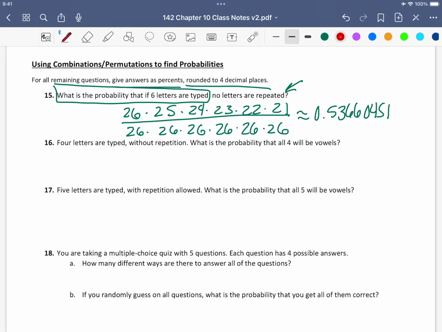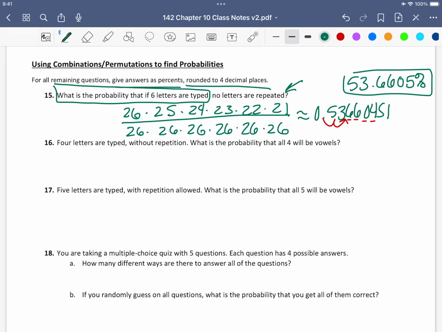When we move our decimal, we multiply by 100 to turn this into a percent, and then we still need 4 decimal places after it. Remember, don't round until you've turned it into a percent. So our final answer is 53.660, and then that 4 is going to round up because it's followed by the 5. So we end up with 53.6605%.